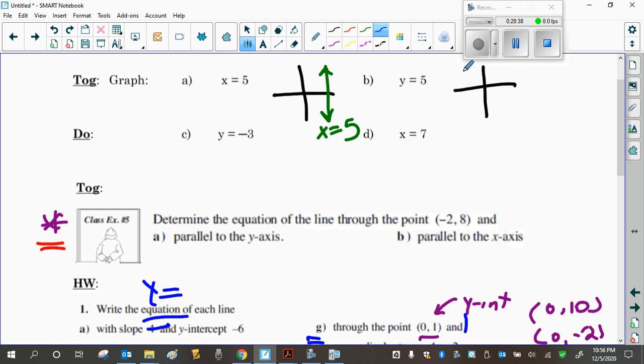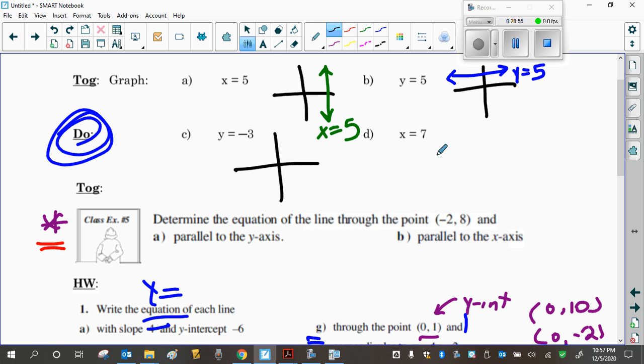Label, label. Y equals 5 is your horizontal line at 5 up, which we already saw the graph of. Okay, so you go ahead and do those two. C, y equals -3 and D, x equals 7.